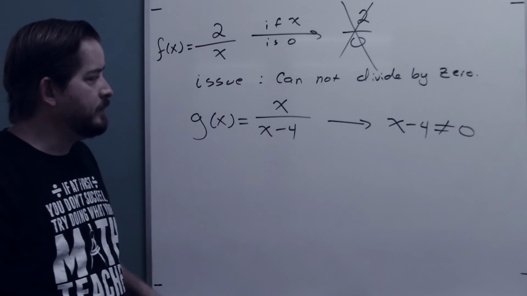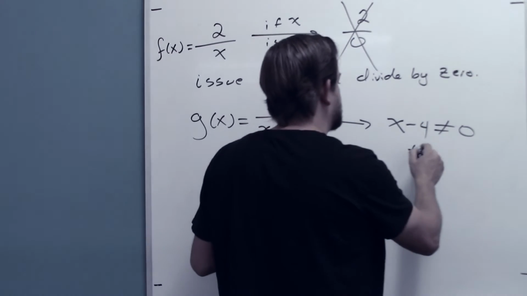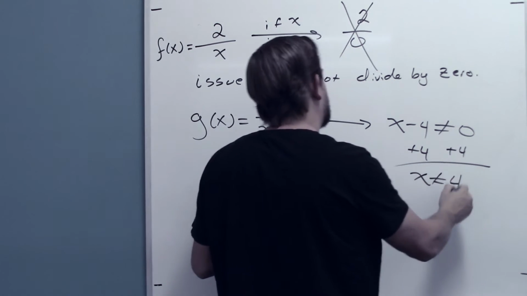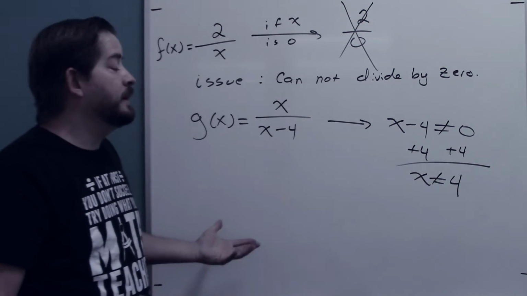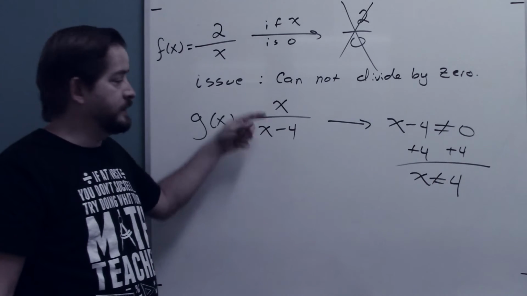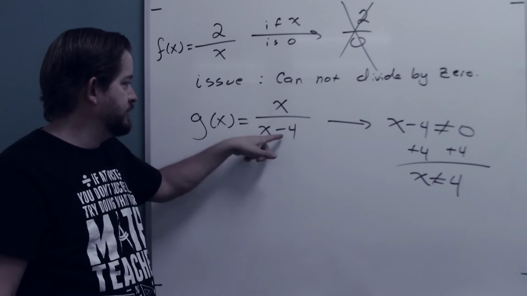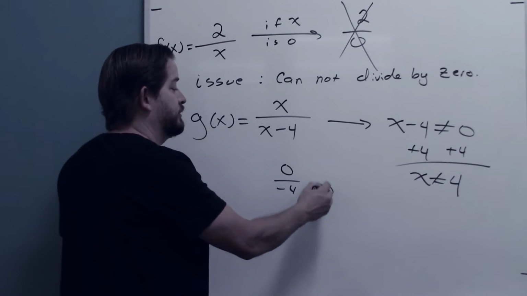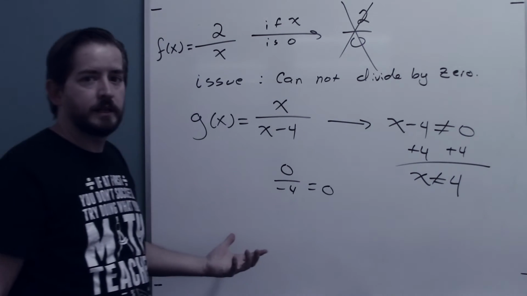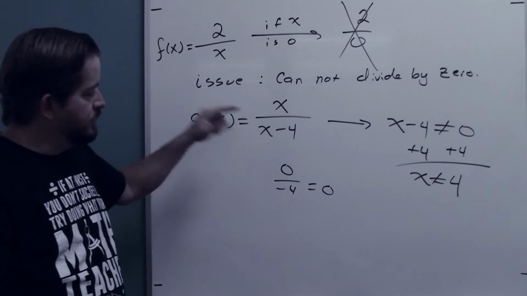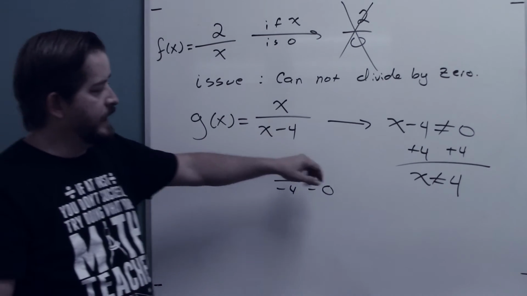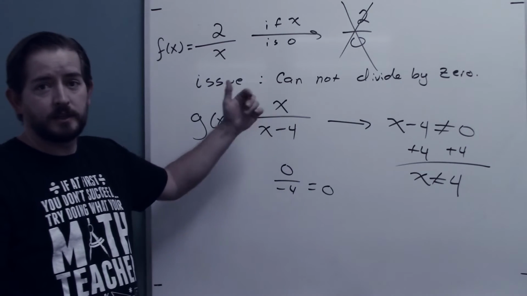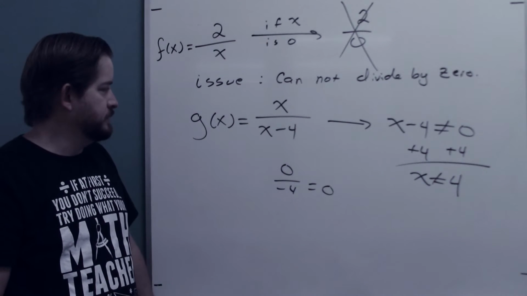So if I add 4 to both sides, x cannot be 4. It can be anything else, including 0. If it's 0, I simply have 0 over negative 4. That's 0. That's valid. That's a number. I can't divide by 0. So x can't be 4, because if it is 4, 4 minus 4 gives me 0 in the denominator, and the world explodes.